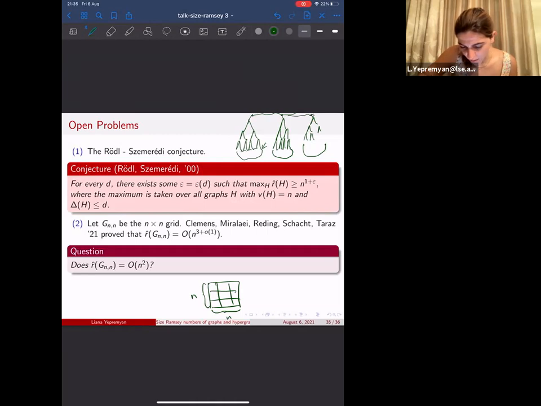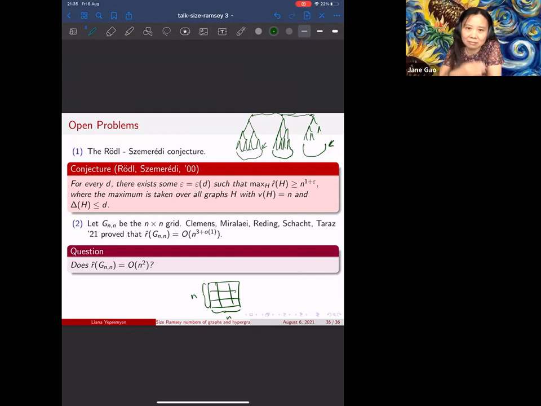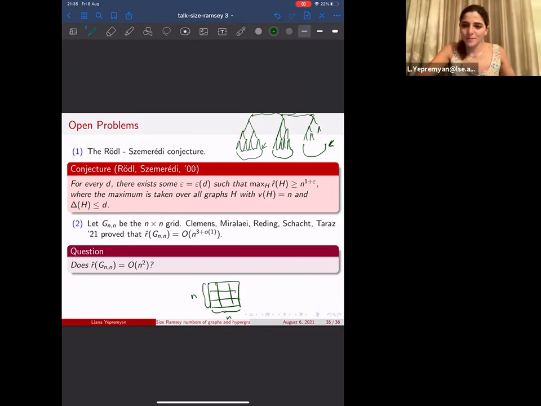And the problems arise, meaning the reason why it's not linear, is because of the cycles that they put here. So it's very non-random. I see.